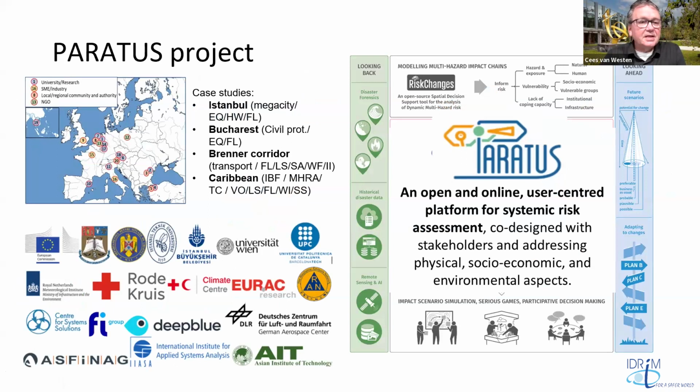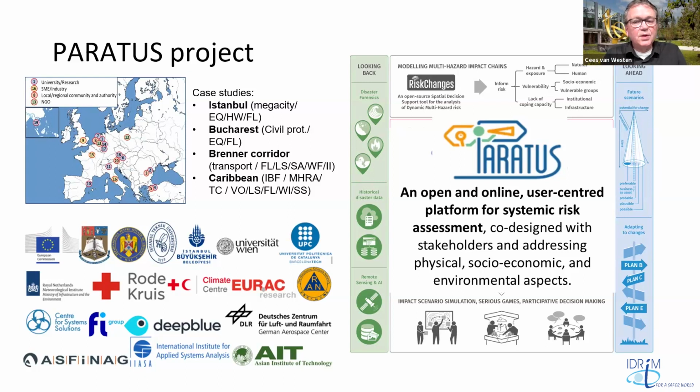It is a project that aims to develop an open and online user-centered platform for systemic risk assessment. It is done by a group of 19 partners that represents research, industry, local authorities, end users, and NGOs, and works in 4 case study regions with very different problems.